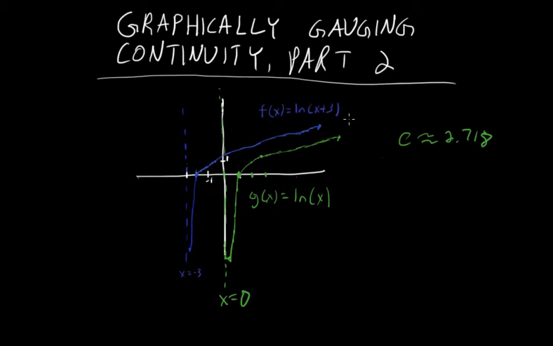Really, this is the case for all logarithmic functions of the form h of x equals log base a of x, where a is greater than 1. They're all continuous within their domain, and even if you had log base a of (x plus c), it'll also be continuous in its domain. Pretty much any logarithmic function is continuous within its domain of definition.